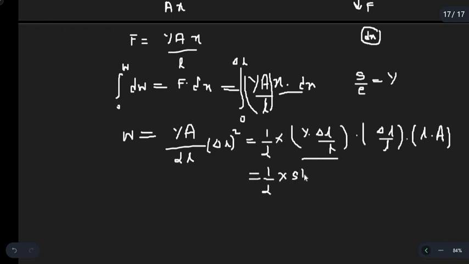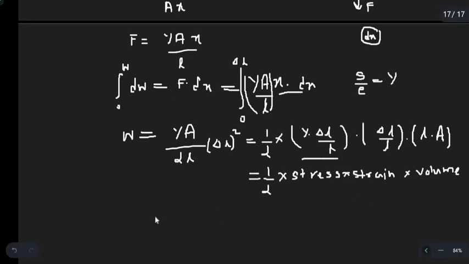So half into stress into, again del L upon L, you know this is your strain. Half into stress into strain. And what is your A into L part? This is nothing but volume, right? So this is actually your strain energy, or called your elastic energy for this rod or wire.